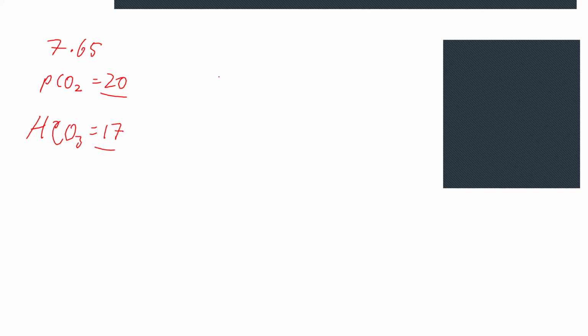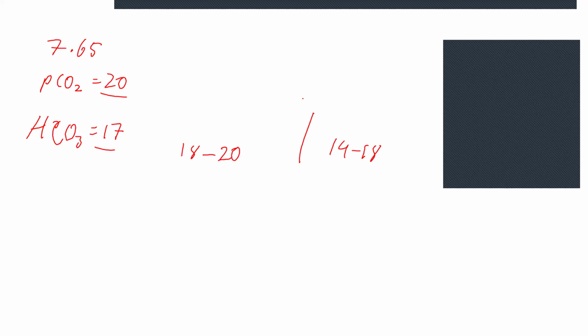We used the equations to find the acute and chronic compensation. In the case of acute, our expected HCO3 was 18 to 20, whereas in our chronic, it was 14 to 18.